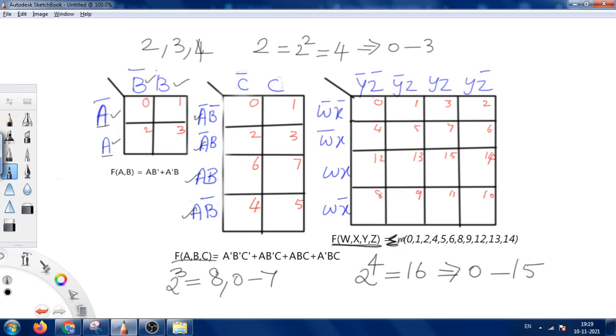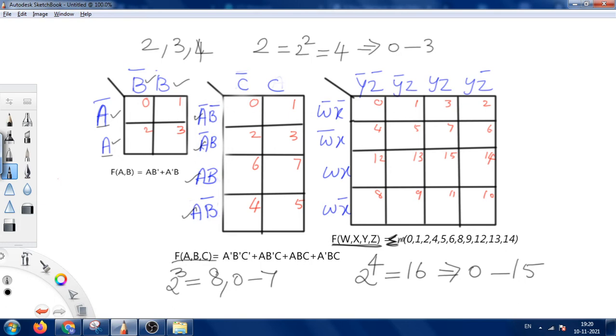Same way Y bar Z bar, Y bar Z, YZ, YZ bar. And we can see the naming pattern here: between successive cells the values differ by one element. So you just remember this pattern of how to name the Karnaugh map.